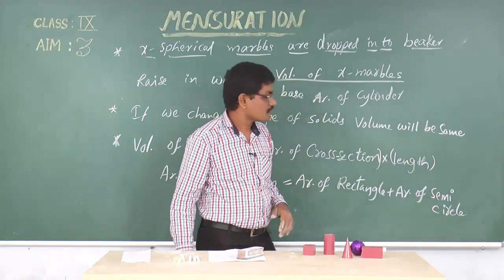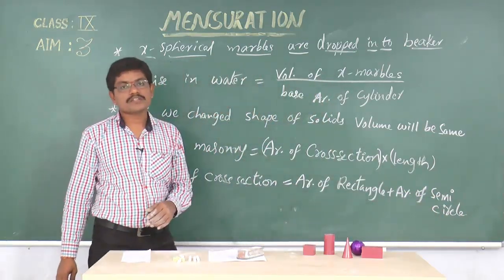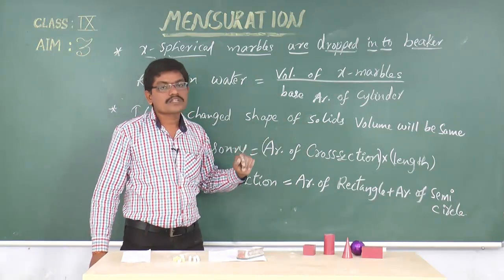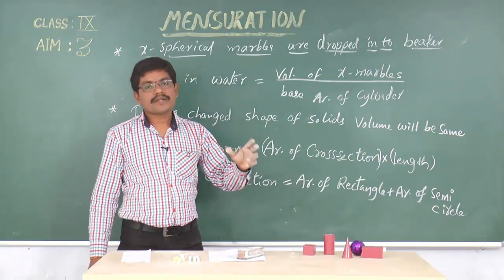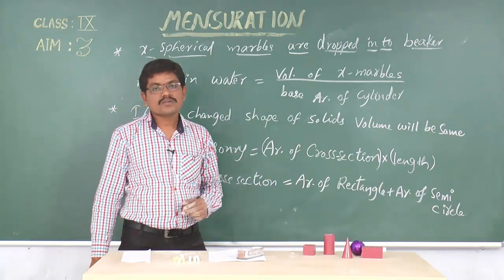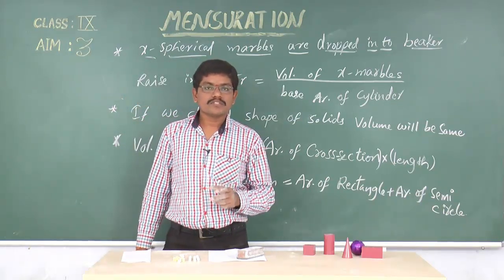So these are the total formulae which are useful to find the surface areas and volumes for the combined solids. Now we will learn some examples.